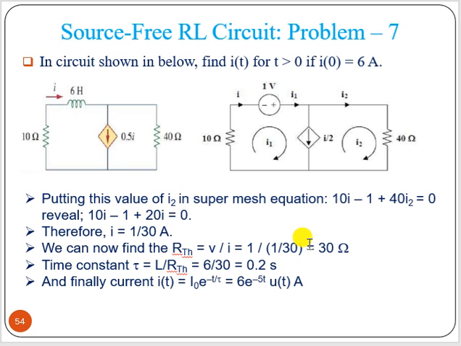So this is called a source free RL and RC circuit, where the main point is we have to find the voltage drop across the capacitor, exponentially decaying, and the current in case of the inductor, exponentially decaying.